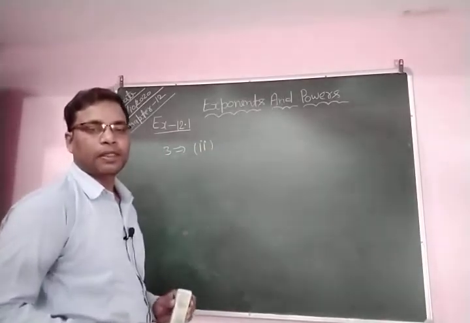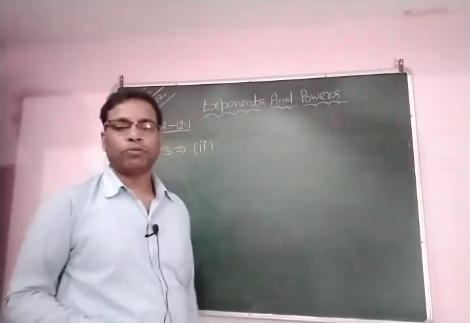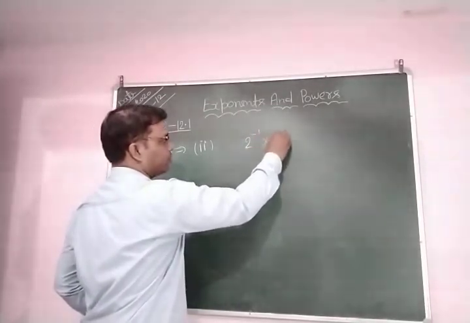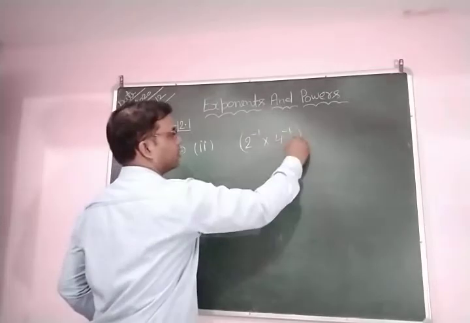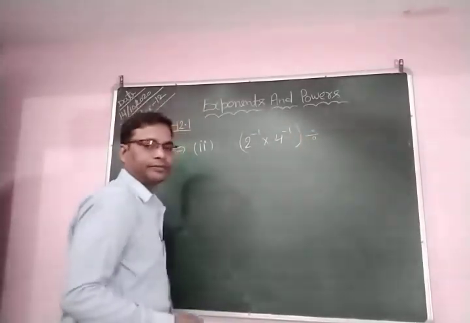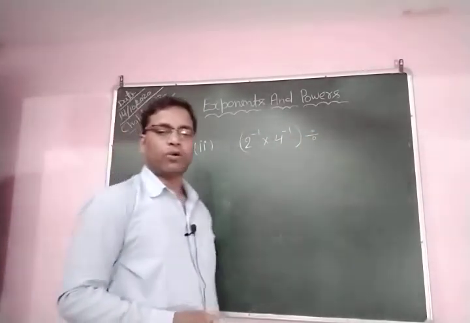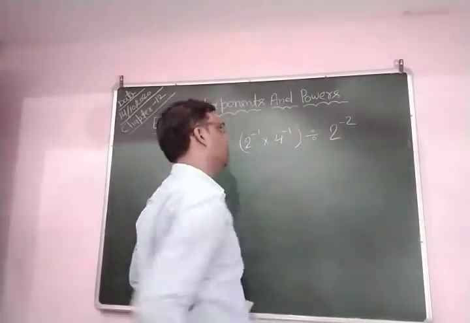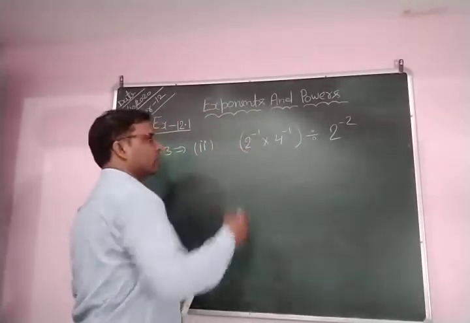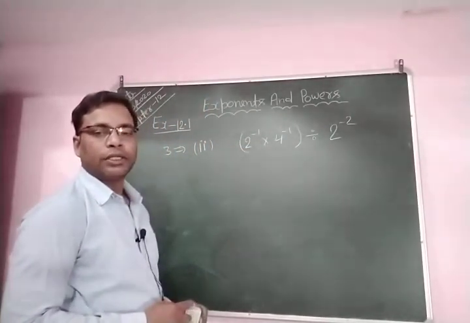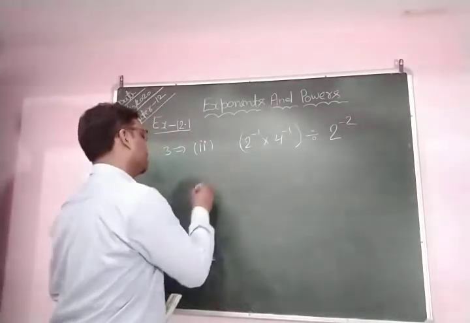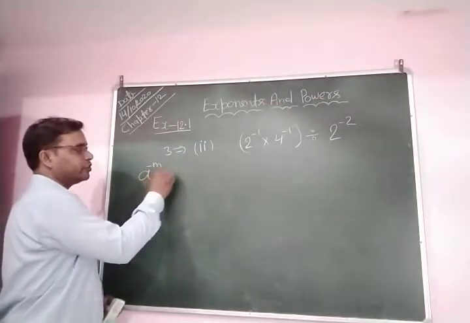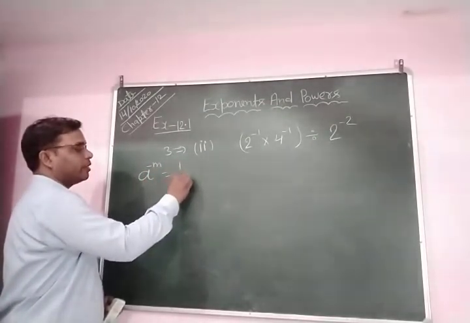What is the second part of this question? 2 power minus 1 into 4 power minus 1, divided by 2 power minus 2. So 2 power minus 1, you can write it 1 by 2, because you know very well, according to this law of exponent, a to the power minus m is equal to 1 upon a to the power m.